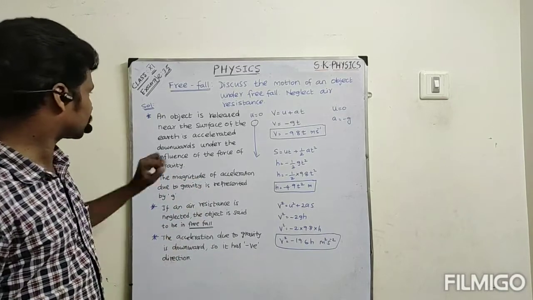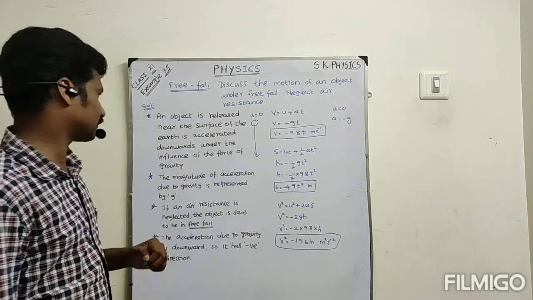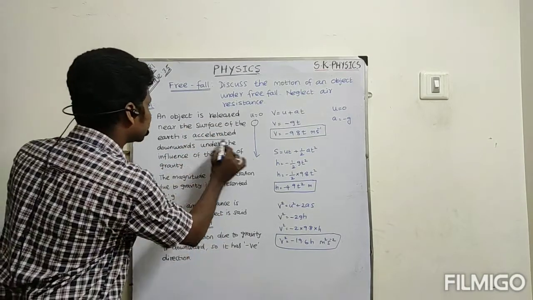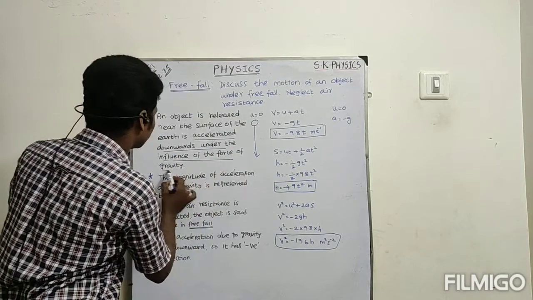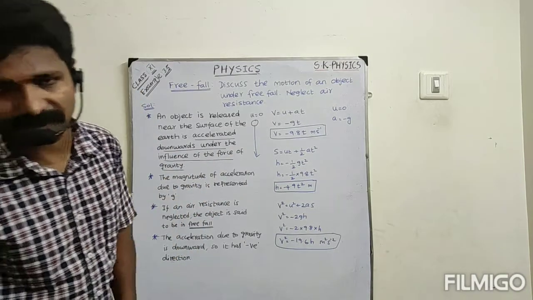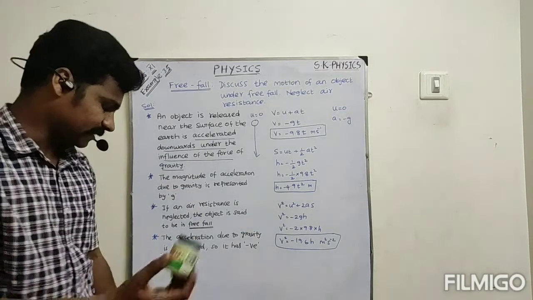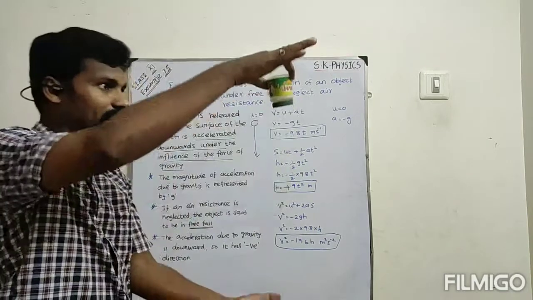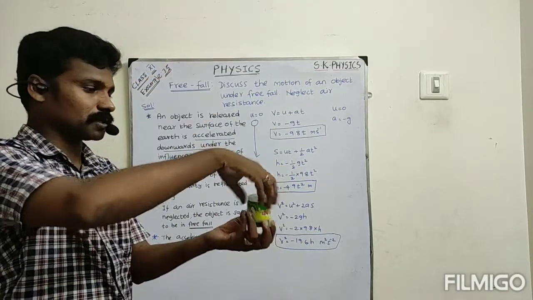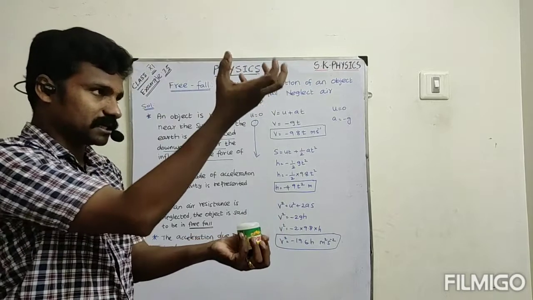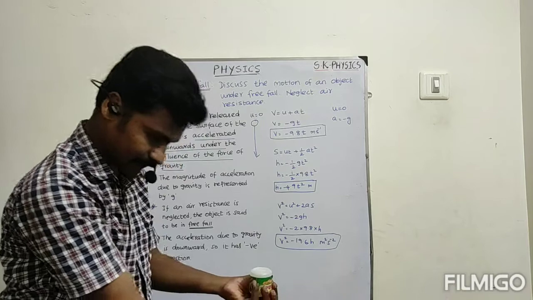An object released near the surface of the earth is accelerated downwards under the influence of gravity. Because if I take this object and just leave it, it moves downward under the action of gravity.